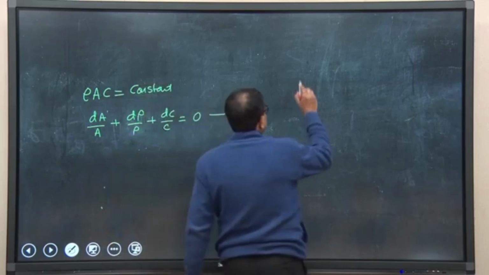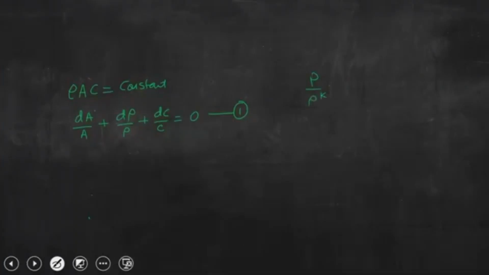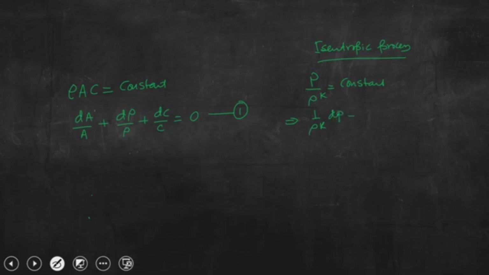We have seen that p by rho to the power k equal to constant, from the isentropic process. If we differentiate it, we can write 1 upon rho to the power k dp minus k p by rho to the power k plus 1 into d rho equal to 0.